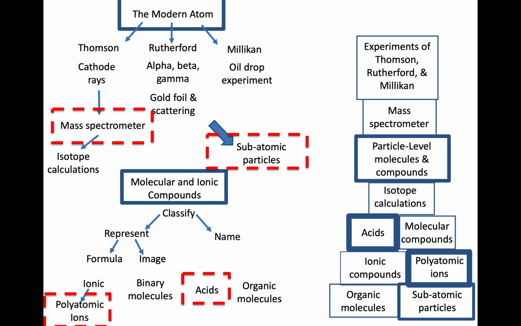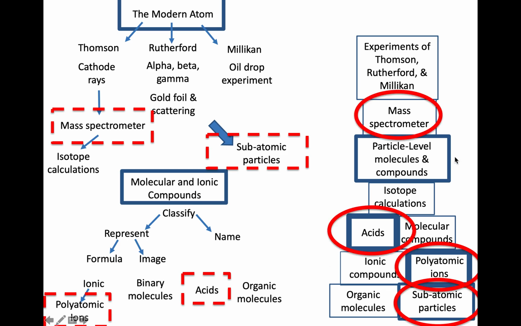If I look at how these particular ideas in the chapter stack up in terms of difficulty, the ones that are in this video are mixed. The operation of the mass spectrometer oftentimes is one of the more difficult topics. The other ones, as far as describing subatomic particles, polyatomic ions or acids, are near the bottom. Students usually do pretty well at those.